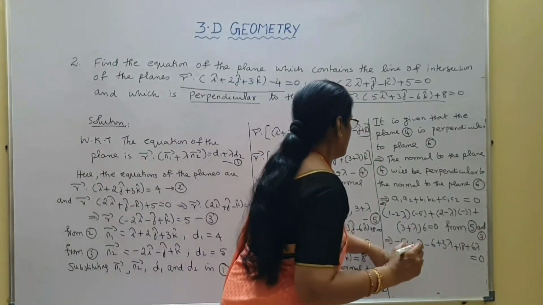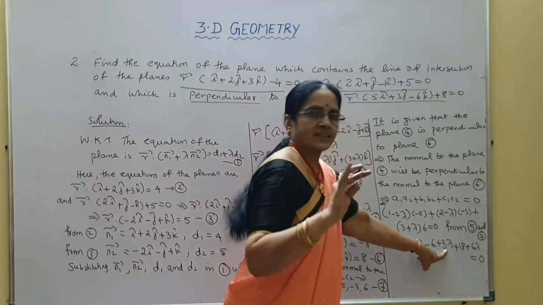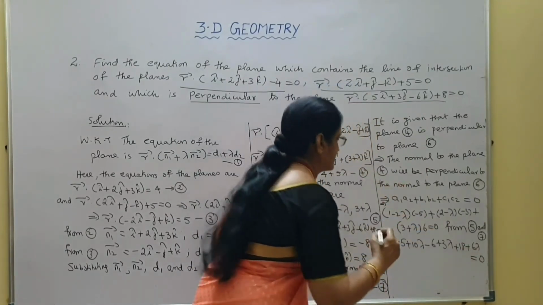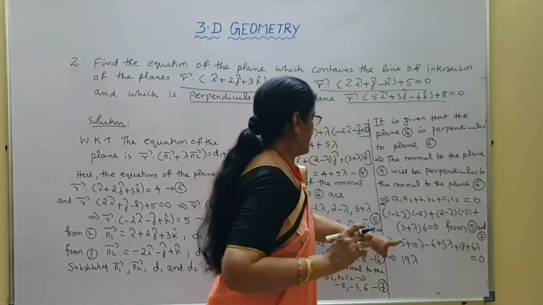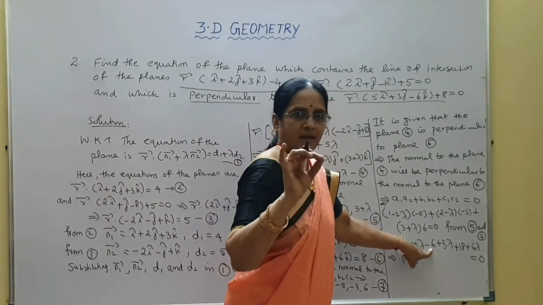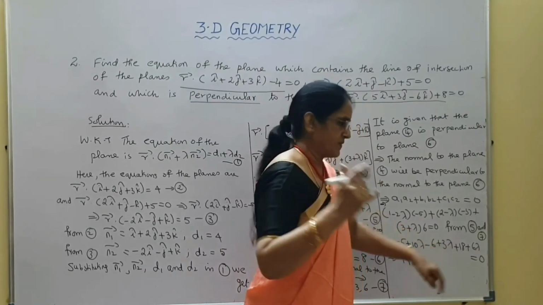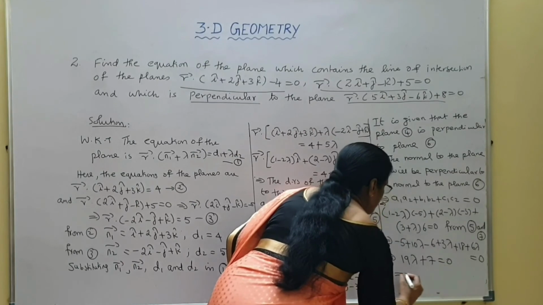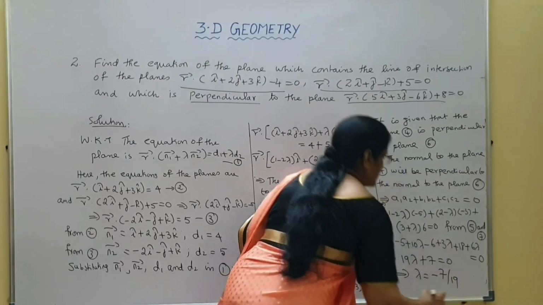That means 10 lambda plus 3 lambda is 13 lambda, plus 6 lambda is 19 lambda. Then minus 5 minus 6 is minus 11, minus 11 plus 18 is plus 7, equal to 0. This implies lambda is equal to minus 7 by 19.